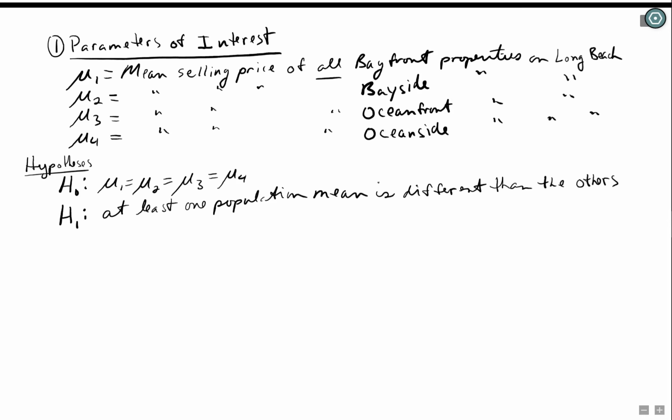Okay, that's what we want to check. Now we're actually not checking to see which one is different, or which one might be the largest or smallest. That's going to be for a later discussion. We're just looking to see, is at least one of them different?